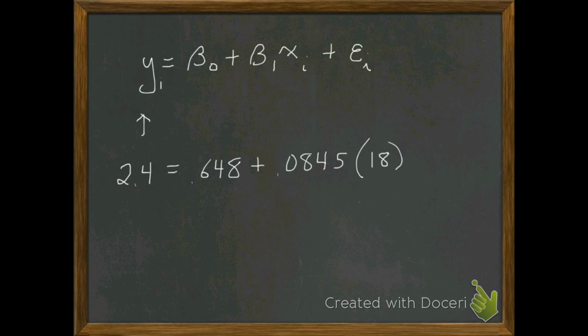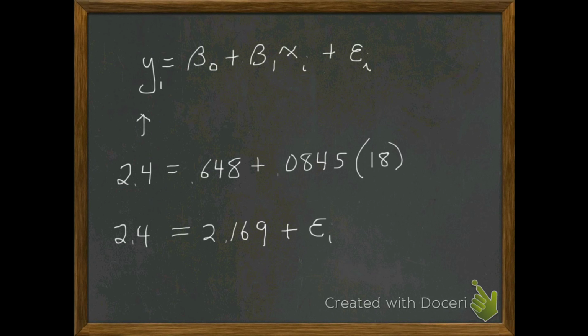We get 2.169 on the right-hand side. Let me double check that, 2.169, not the 4. Those two aren't equal. So what we would have to do is add the error term to make those equal.